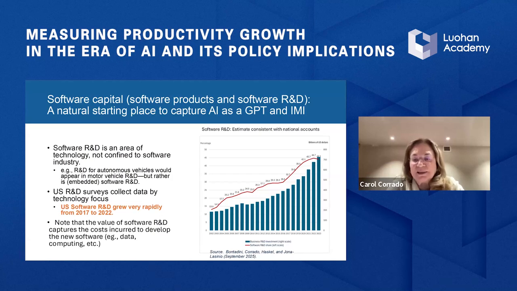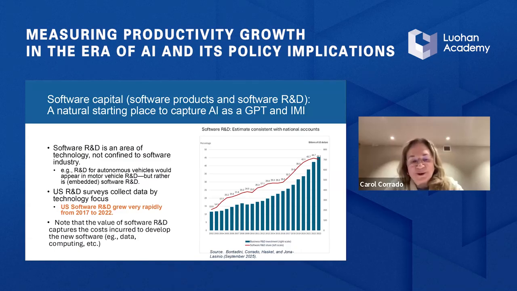And not only is that because the software R&D is picking up, but also because it's picking up as a share. So that by the latter 2 years there, we have software R&D accounting for 43, 44% of all of business R&D in the United States, which is really a stunning number if you think about it.